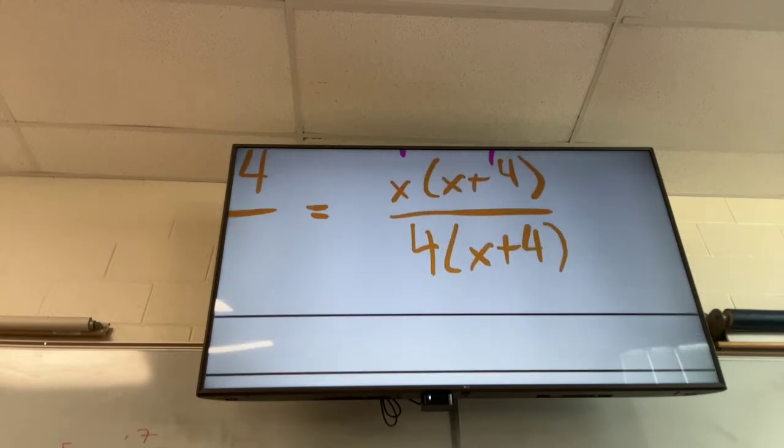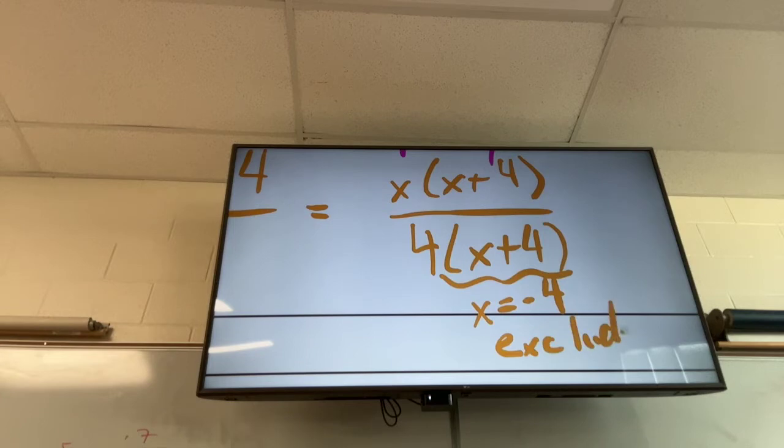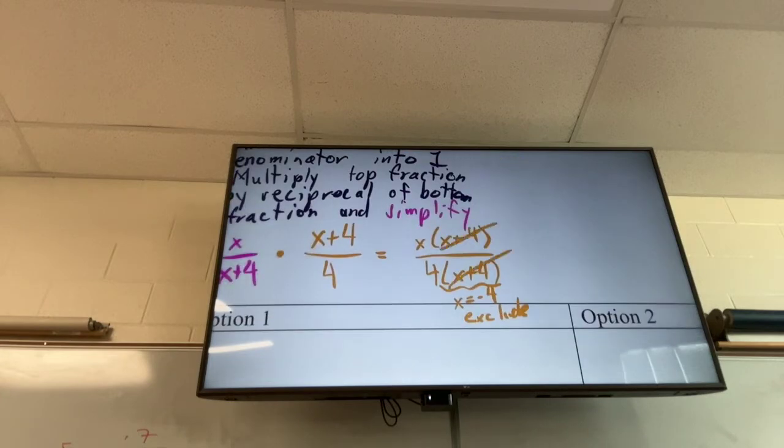Now we simplify this. How do I do that? Cross out, right? I have to write down what, though, before I cross out? Excluded values. There you go. That's my answer.